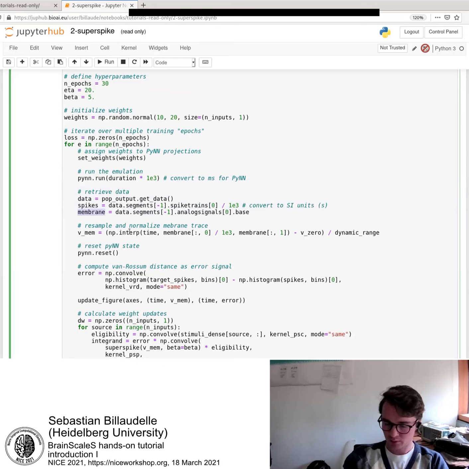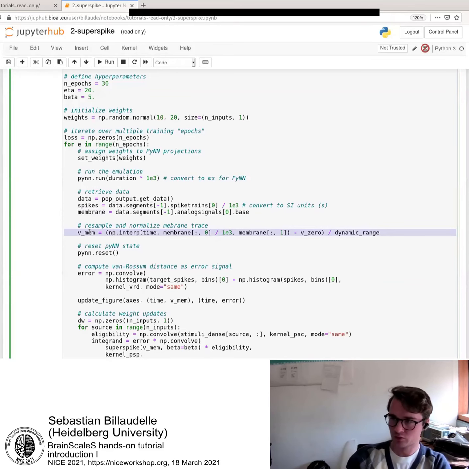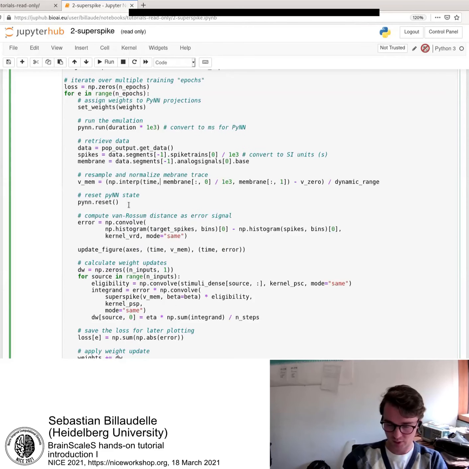Now we resample the membrane because the time steps by the ADC on hardware are not necessarily completely equidistant, and we also don't need the resolution of that ADC, and it would just make our calculations more expensive. So we resample that to our time step delta t. We have defined this time axis before, if you remember, but it's basically the same thing at a lower time resolution. Pynn reset tells Pynn that we have ended our experiment run.